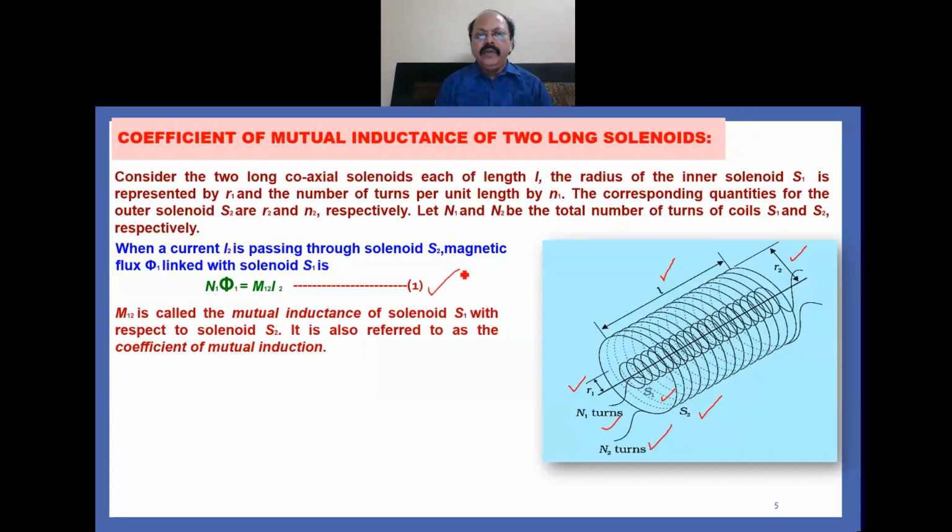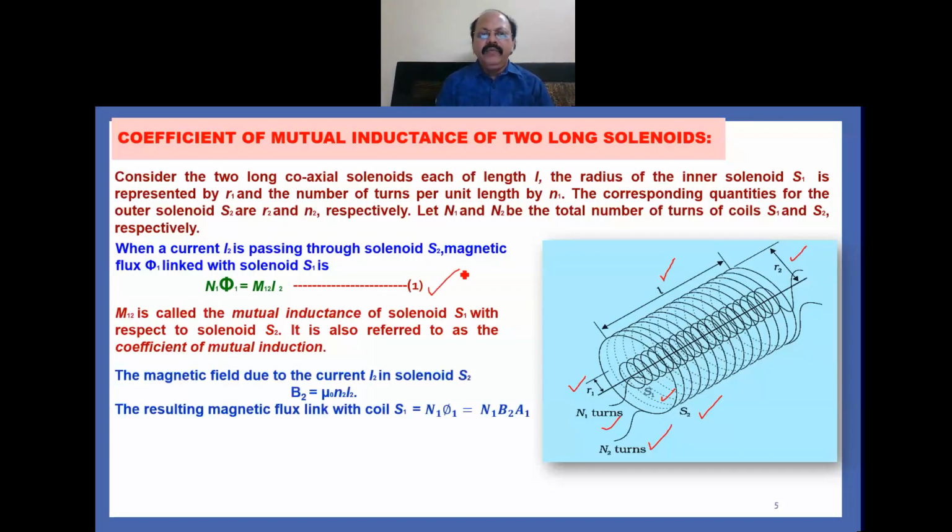Now when current I2 passes through the solenoid S2, then a magnetic field is developed, and that magnetic field B2 equal to mu naught n2 I2, already you have studied, where n2 is the number of turns per unit length of solenoid S2. Then the resulting magnetic flux linked with the solenoid S1 becomes N1 phi 1 equal to N1 B2 A1.